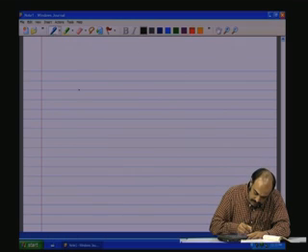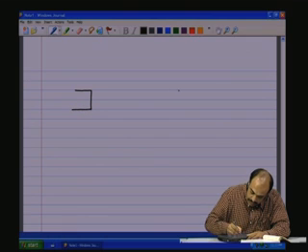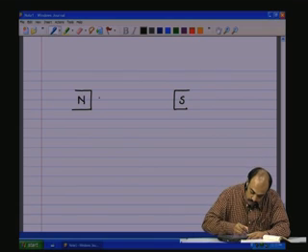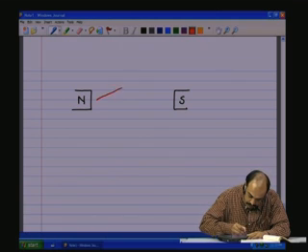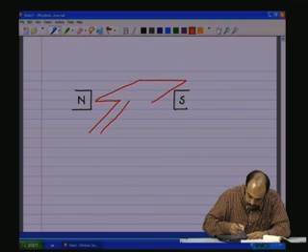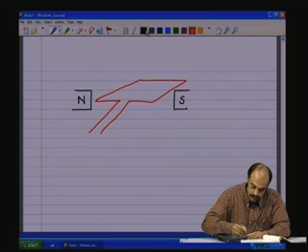Let us have again the north pole and the south pole, and let us have a coil here. Now, this coil is shown like this, in this fashion.